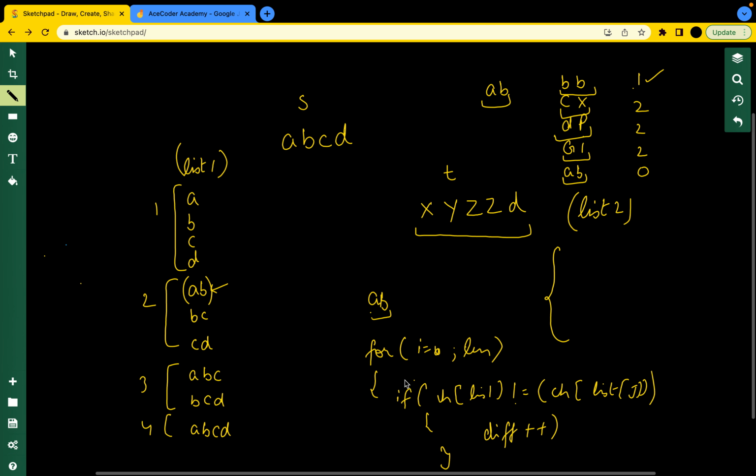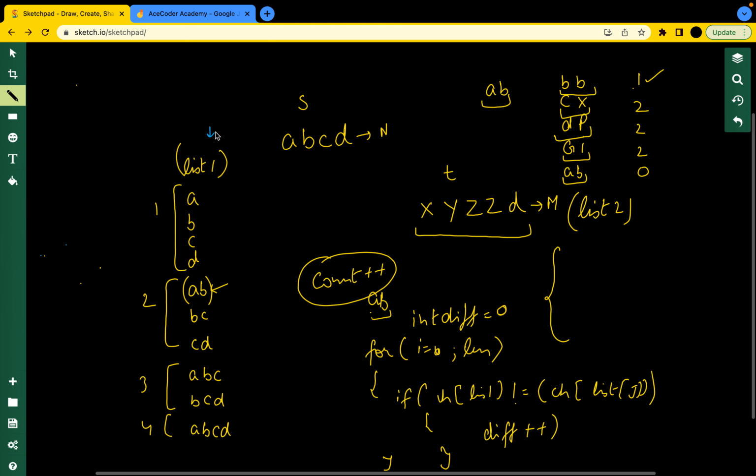This difference variable we will create just outside this for loop, initialized to 0, and it will just contain how many characters it differs by. So in case this difference comes out to be 1 after this for loop iteration, then we will simply do count plus plus. Count is a variable that we will create just to store how many substrings there are which differ by only a single character.